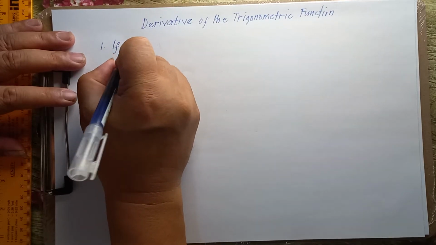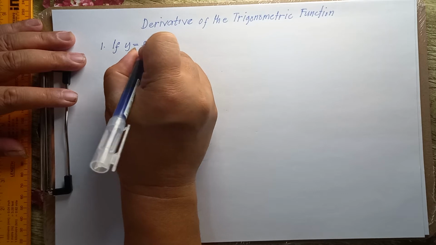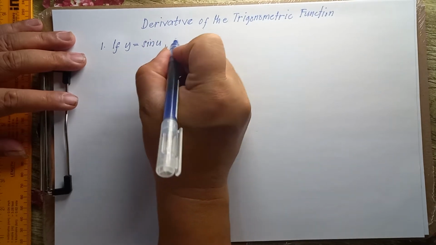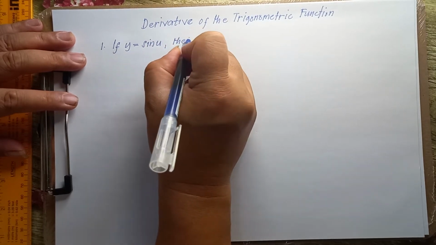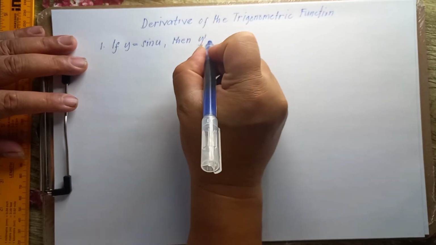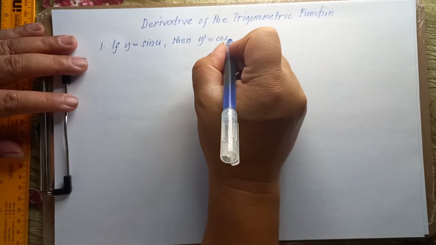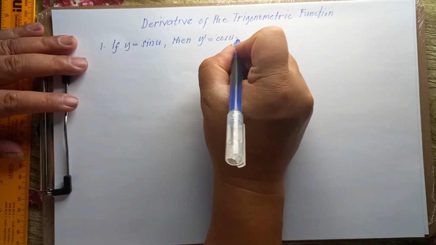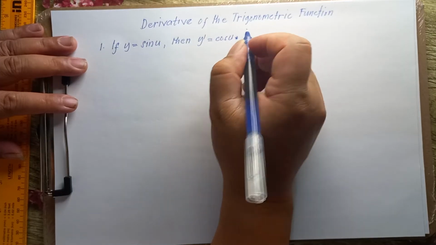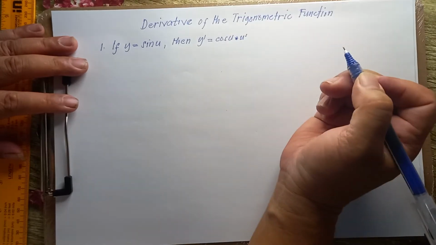if your y is defined by sine u, then its derivative y prime is the same as cosine u multiplied by the derivative of u, which is u prime.